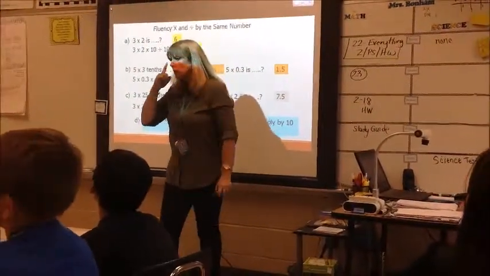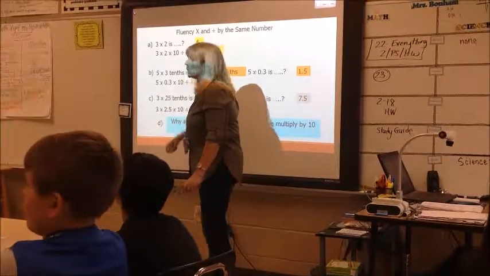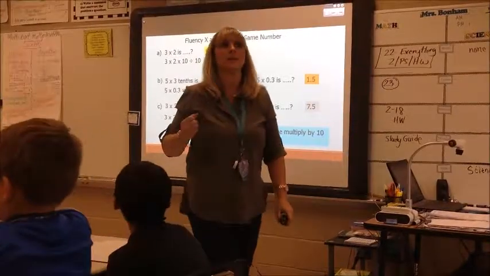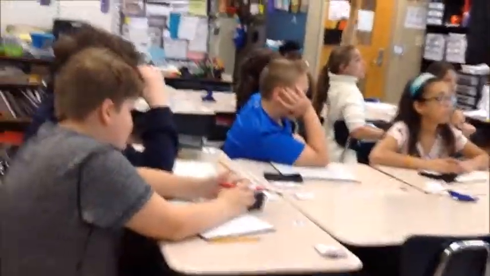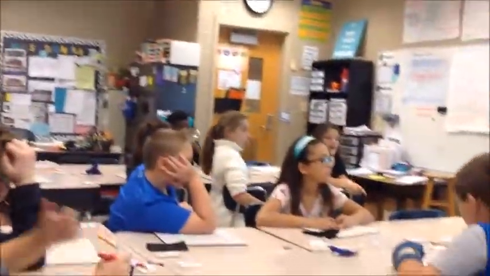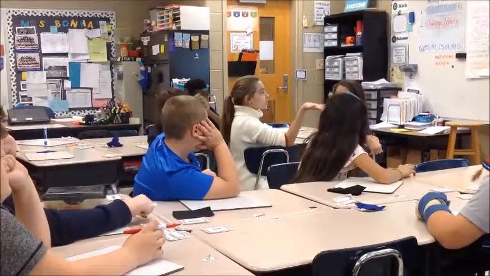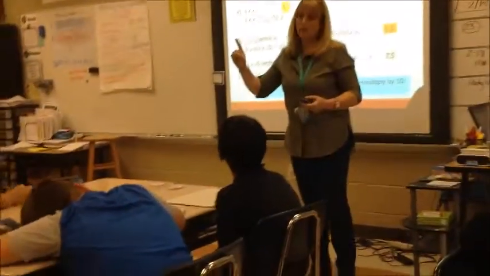This is your thought question. Would this work if this wasn't 10? What if I put 17? What if I said 3 times 2.5 times 17 divided by 17? Would it work? Think about it. Alexa, what do you think? It would work because when you're multiplying it by 17, if you just divide it by 17, it'll be the same numbers. Because 17 divided by 17 is 1. Excellent.